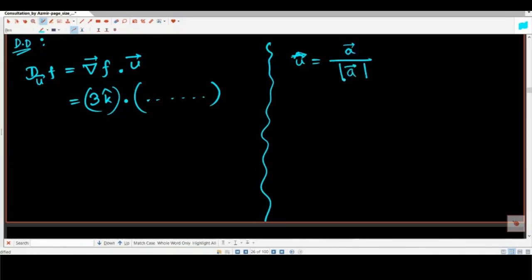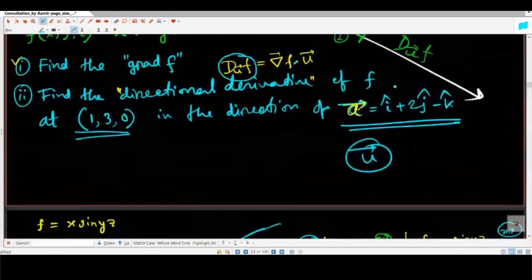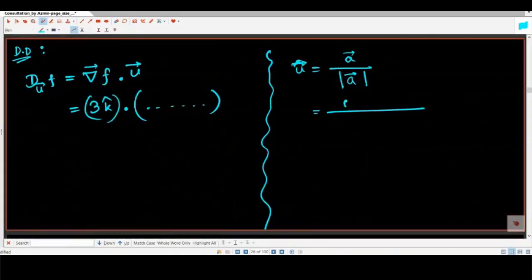Length is denoted by the absolute value of the vector. The vector is given as i plus 2j minus k.